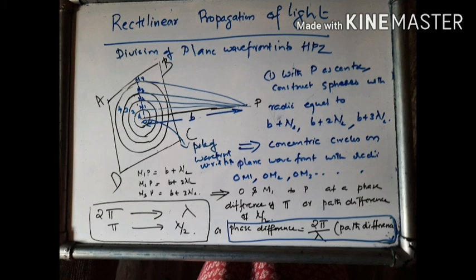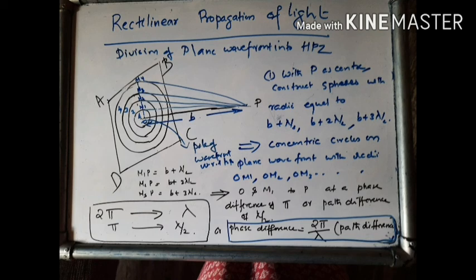There is also a path difference equal to lambda by 2. So Fresnel constructed these half period zones in such a way that the waves from successive zones have a path difference equal to lambda by 2, or a phase difference equal to pi, or they are out of phase. That's why the name half period zone came for this region.